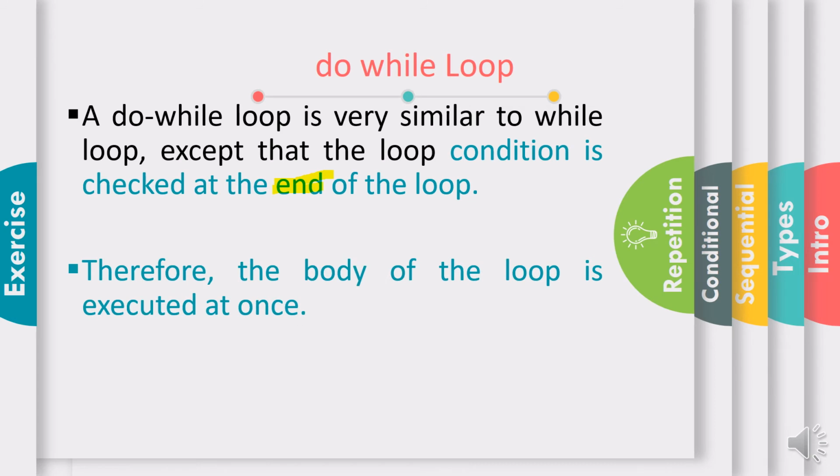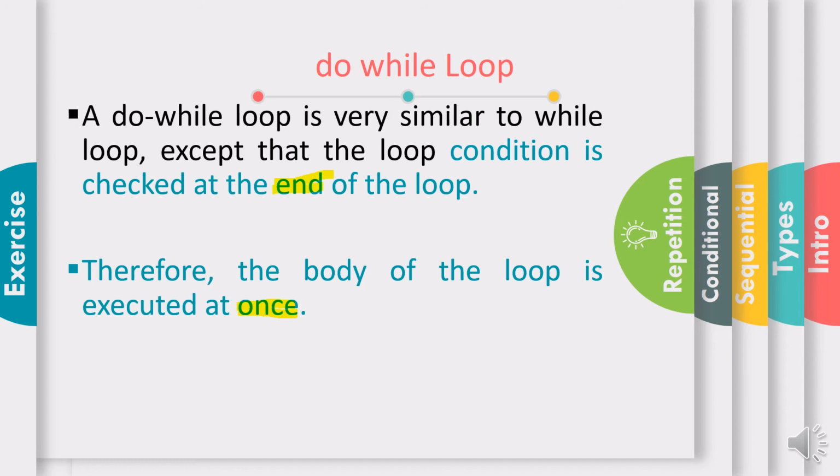So, the body of the loop is executed at least once. Whether the condition is true or false, the body of the do while loop is executed at least one time. It is unlike for and while loop. In for and while loop, when the condition remains false, the body of the loop will not be executed.